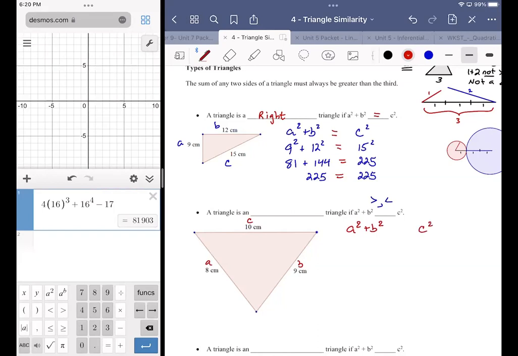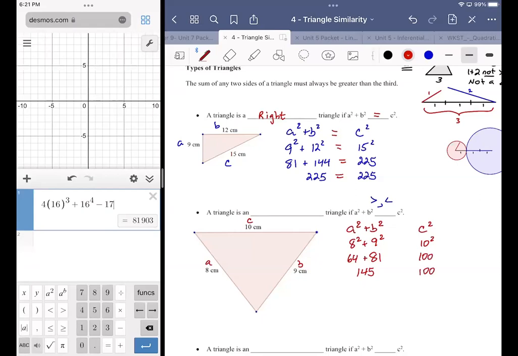So 8 squared plus 9 squared, some relationship to 10 squared. 8 squared is 64. 9 squared is 81. 64 plus 81 is 145. 10 squared is 100.